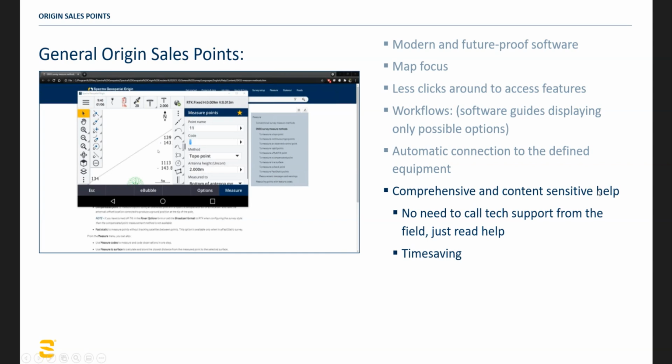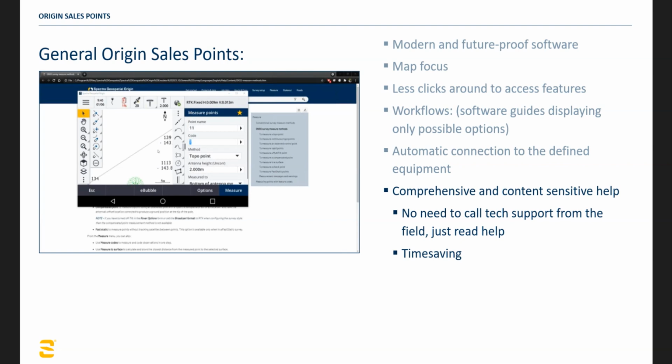We have a great tool here for our end customers that is integrated with Origin, and I'm actually talking about help. Help is reachable within Origin. Help is context sensitive, so it means that it's related to the currently opened feature.